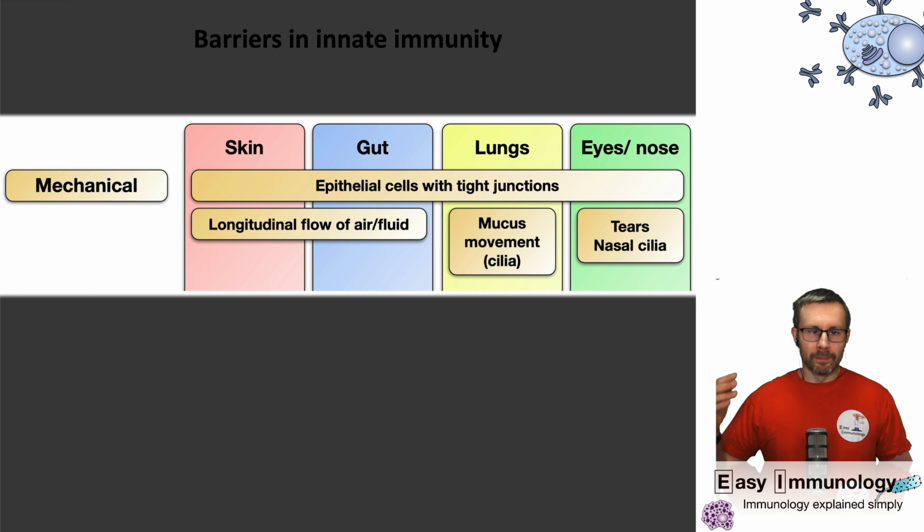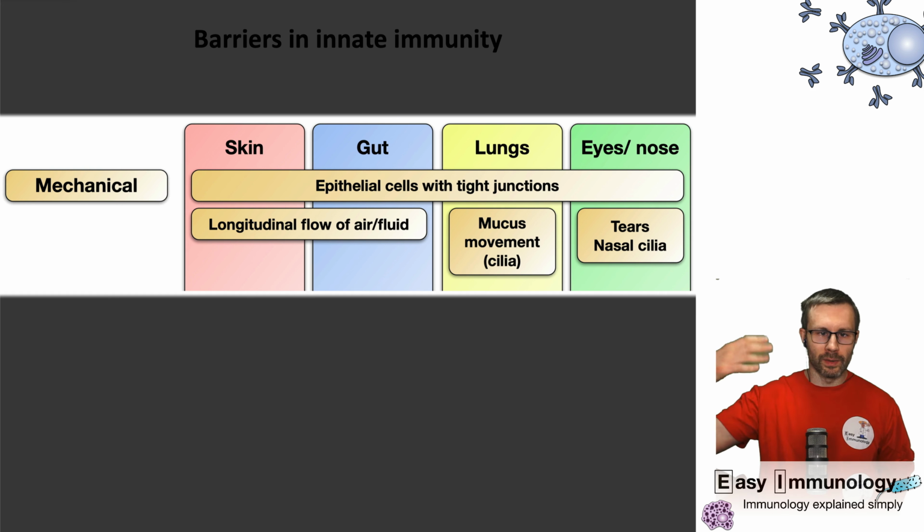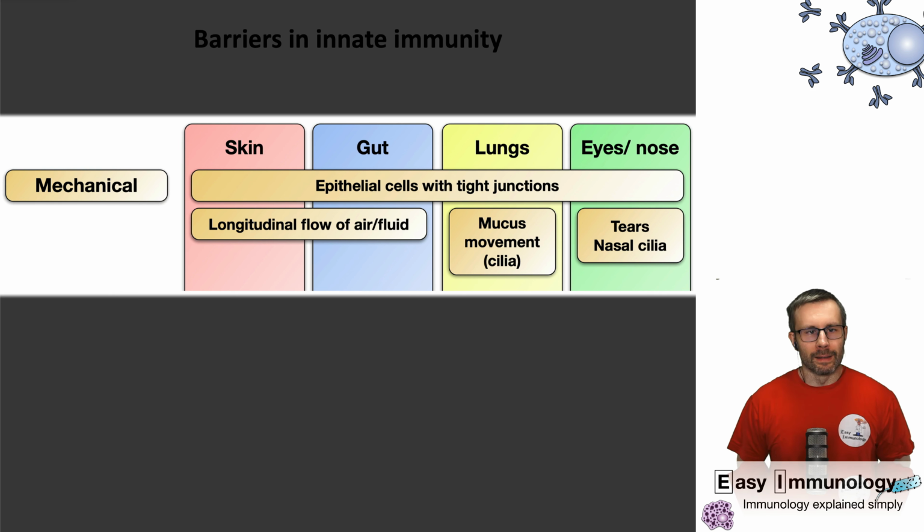And by just moving like I do when giving this lecture, I just shake off some bacteria. This is on the skin and also in your gut. There's some movement because of the muscles and the fluid in your gut, and this just washes away certain bacteria. The same you have in the lungs. So the lungs produce something that is called mucus. It's basically glibbery stuff.